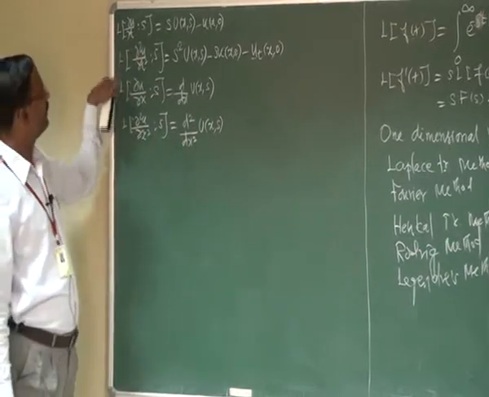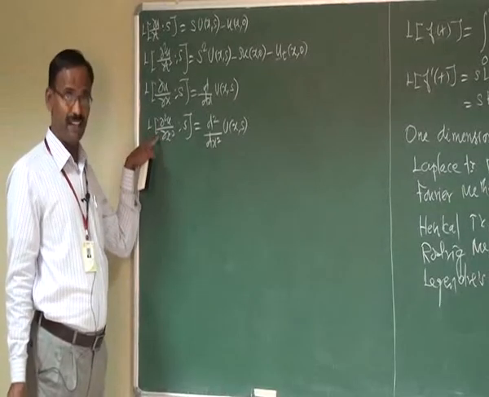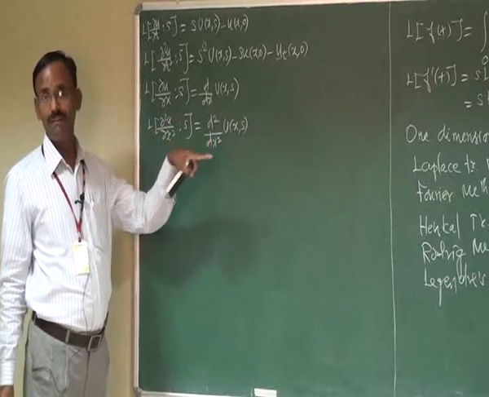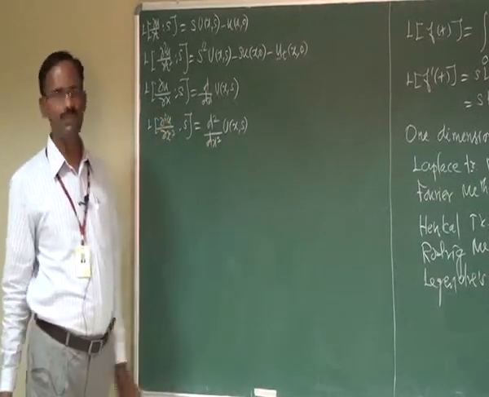Why I am writing these results is that with the help of these results we are going to solve the one-dimensional wave equation. So before that we need some special functions.